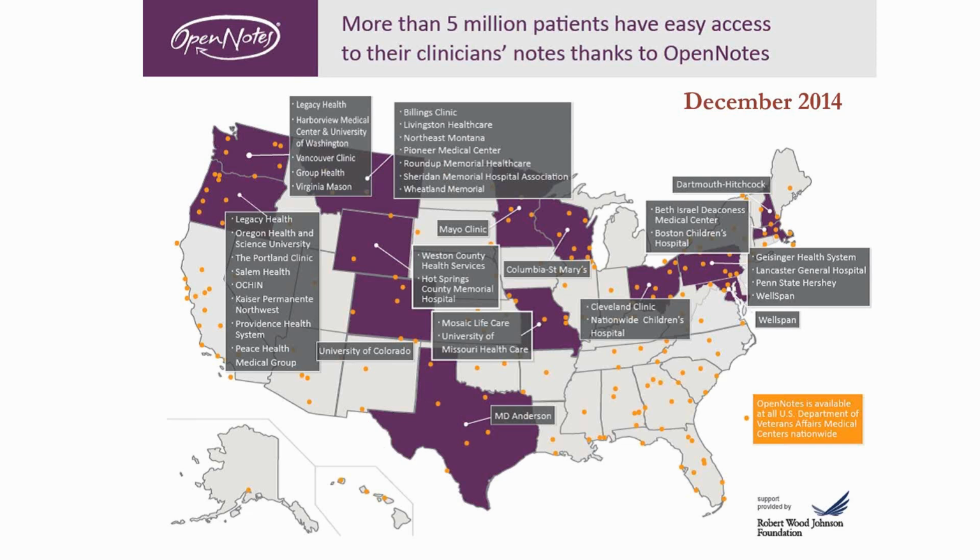And in April of 2014, the first of the Northwest Consortium folks, Kaiser Permanente Northwest, kind of stepped off the curb, so to speak, and was the first of the consortium to delve into open notes. And then from that, you can see the list in the kind of Oregon and Washington area, where several others followed behind. So from that, at this point, we had 5 million patients who had easy access to notes.